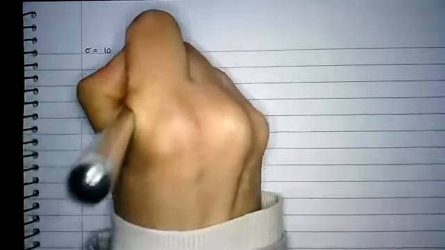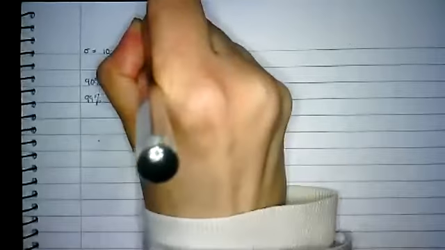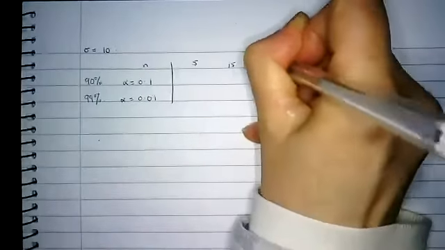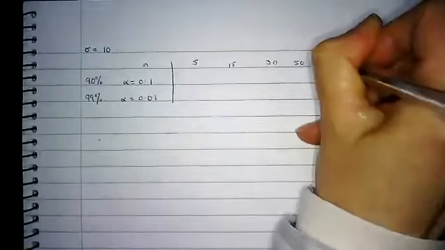So this one has alpha equals 0.1 and this one has alpha equals 0.01. And then for a number of different sample sizes, n equals 5, 15, 30, 50, 100, we were asked to find the width of the confidence interval. We're asked to populate this table.